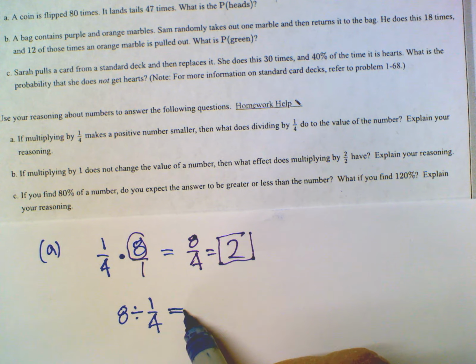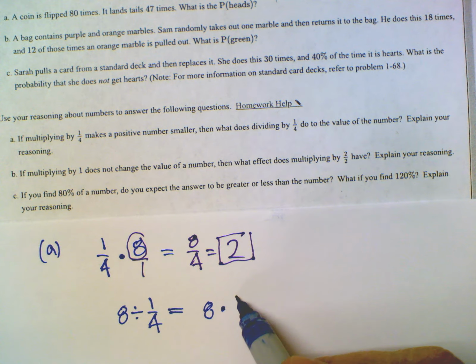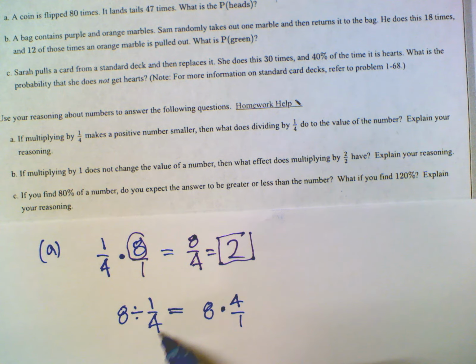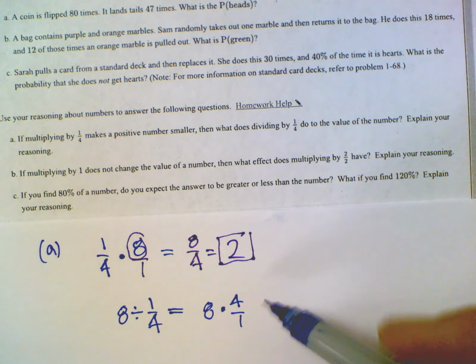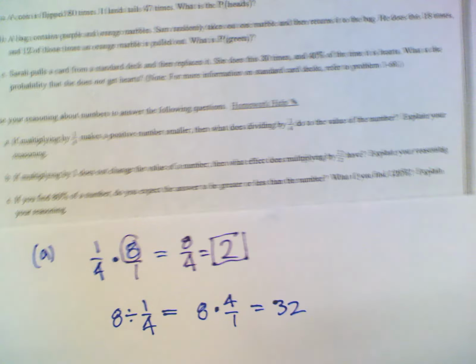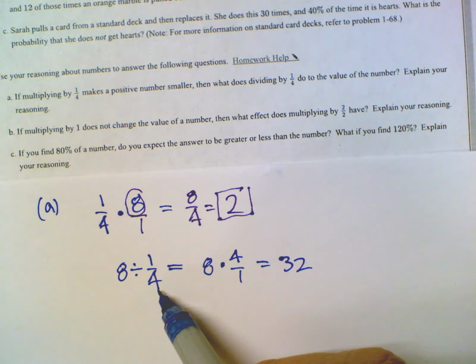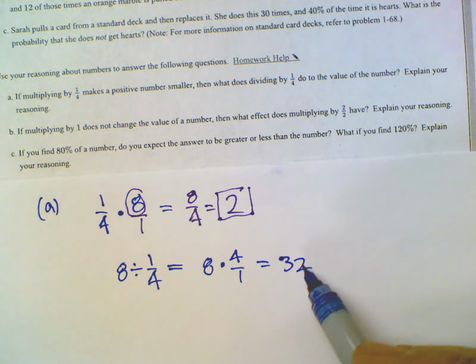Well, watch what happens. When you divide by a fraction, the first number stays the same, and you do not divide by fractions, you multiply by the reciprocal. Dividing by a fraction is creating a larger number in this case, because we end up with 32. So 8 divided by 1/4 is really 8 times 4 over 1. And that gives us 32.